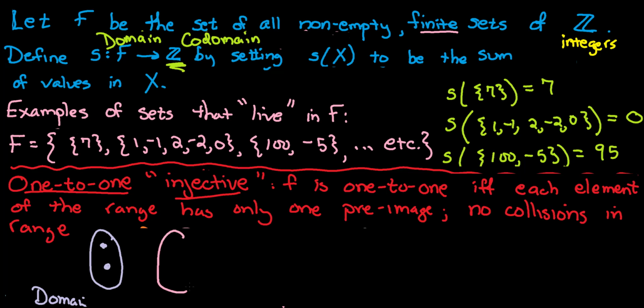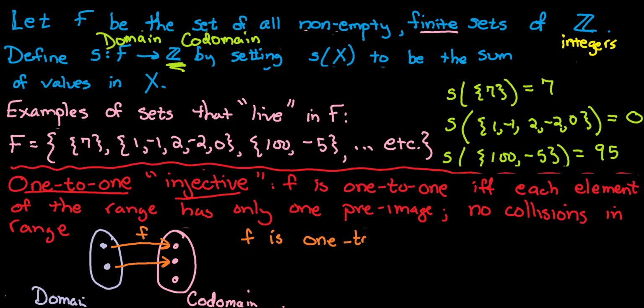I'll make our codomain here. And I'll put 3 elements over here. I don't really care how many elements there are. And now let's take a look at a function where there's no collisions over in the codomain. So this is an example of a function that is one-to-one.